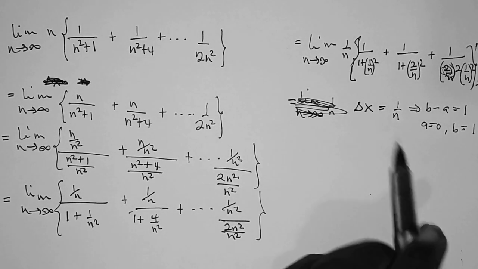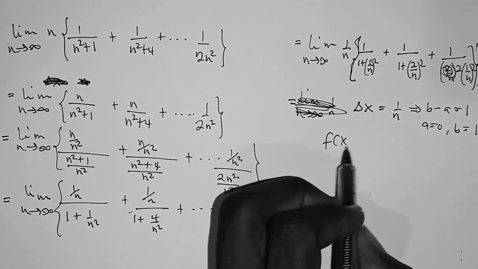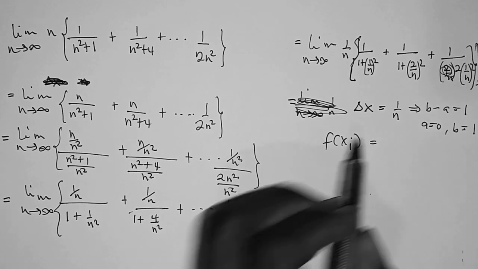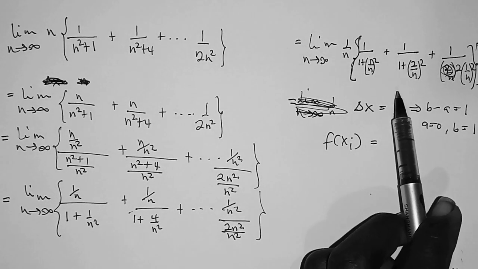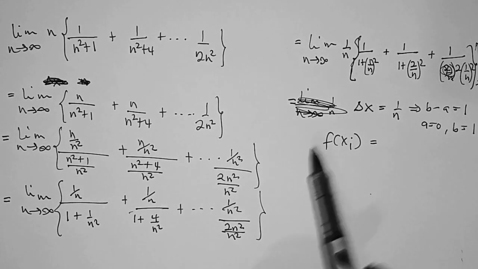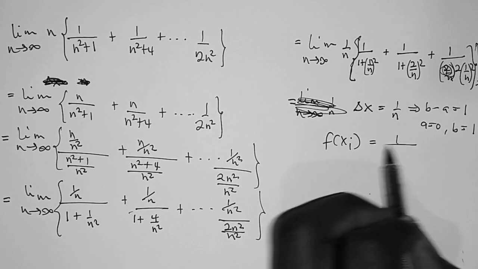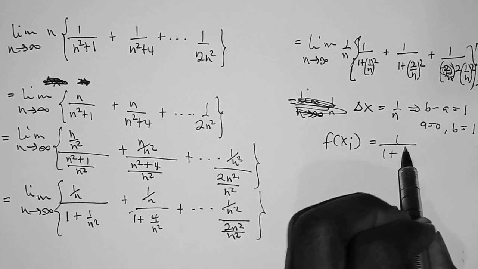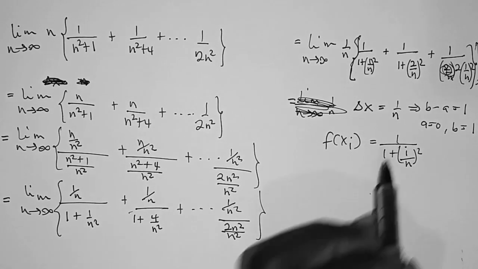But now if we say delta x is 1 over n, what is f of xi? Now f of xi, what function are we going to have such that if we put 1 over n, we begin to get this sort of thing? So the function is 1 divided by 1 plus i over n, all squared.